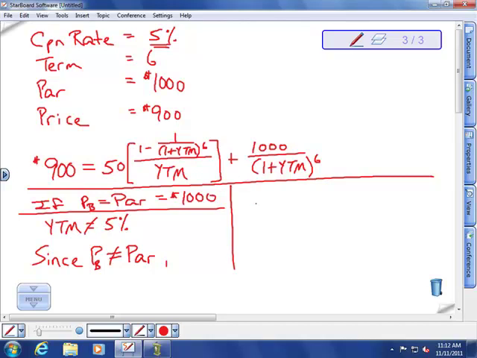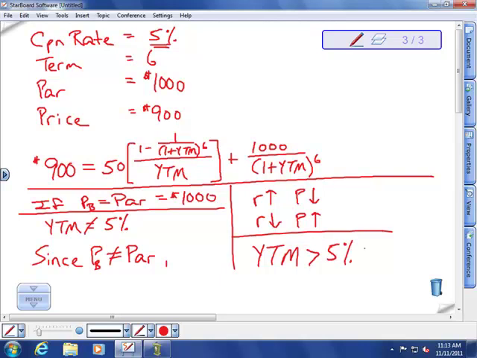And so, as rates go up, the present values or prices go down, and as rates go down, the present value or the price, the value, increases. So whatever rate we guess, the yield to maturity is going to have to be greater than 5%.